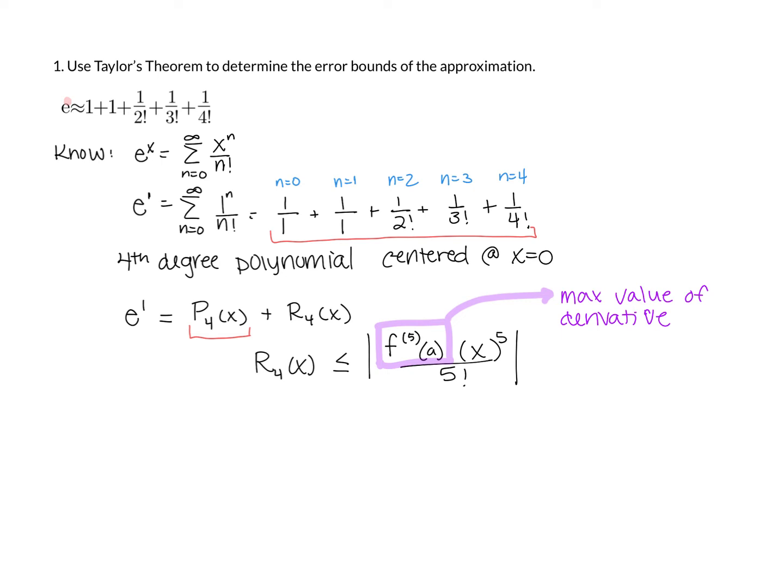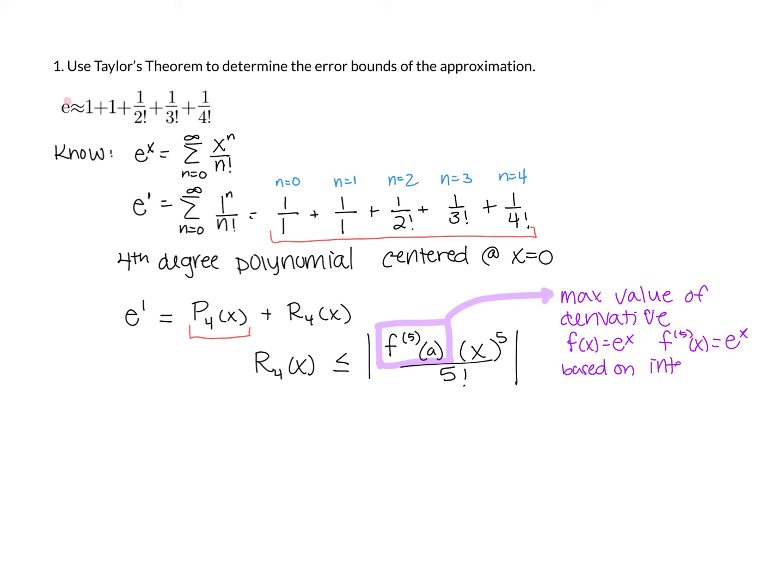Well, tell me what we know our function is. Our function is e to the x. So for the 5th derivative, I don't even have to go through all the iterations of the derivative because we know the 5th derivative is e to the x. Now, the key to this is the interval, because the max derivative of e could be a lot of things. So it's all based on the interval.